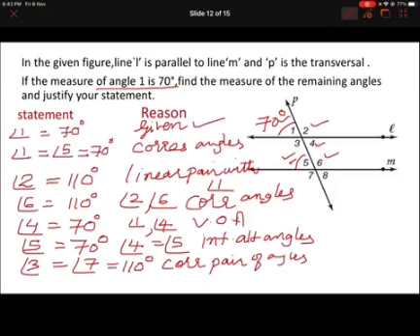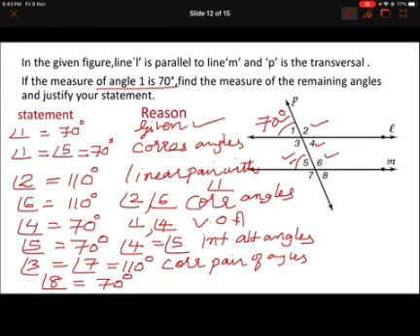Okay. Now we have done 1, 2, 3, 4, 5, 6, and 7. So now we are left with 8. I can write 8 as 70 degrees. It is 70 degrees, is it not?